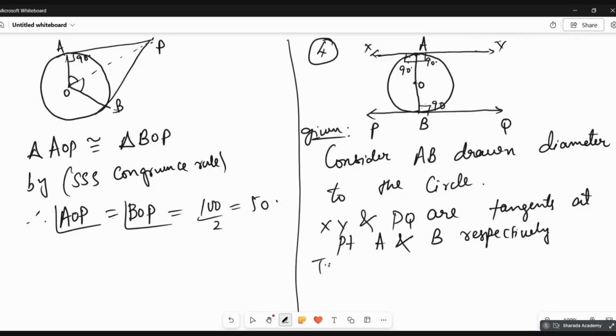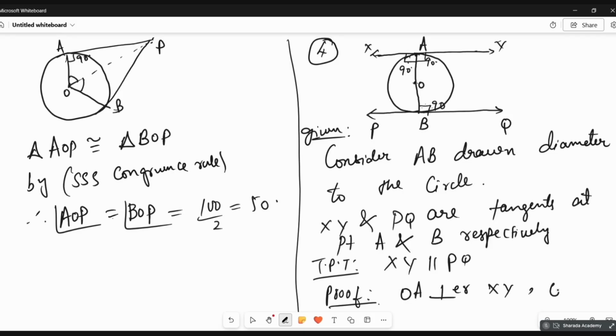Now to prove that XY is parallel to PQ. Proof. OA is perpendicular to XY. What is the reason? Radius is perpendicular to the tangent at the point of contact. And another one, OB is perpendicular to PQ.